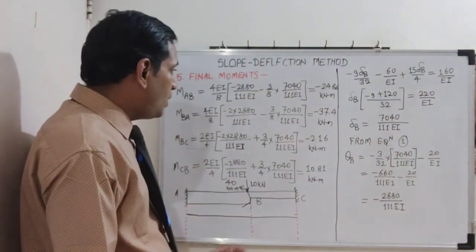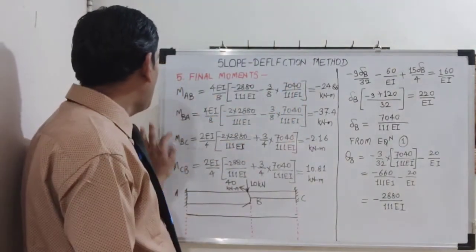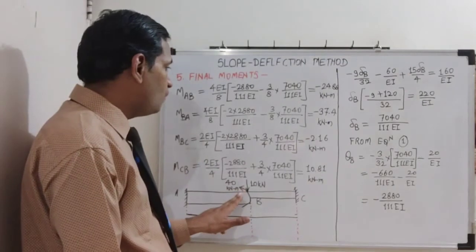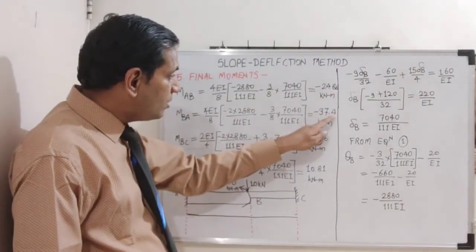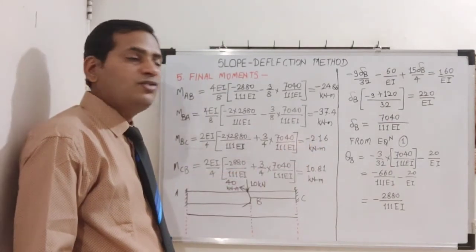So we just have to cross check that the algebraic addition of MBA and MBC is minus 40. Okay, so minus 37.4 and minus 2.16, it is minus 40.